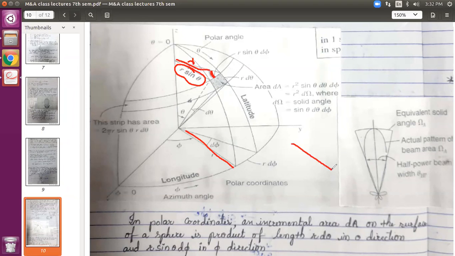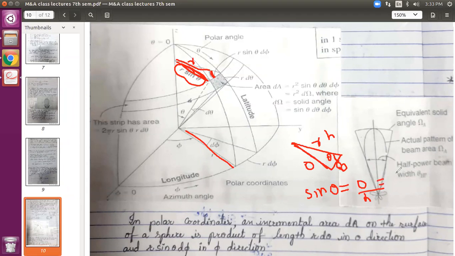So I will simply take the triangle here. This is your theta and this is your r. If this is your base, this is your hypotenuse, this is your opposite. We want this straight line now. What is that straight line? It is the opposite. The opposite comes in sine angle, right? So sine theta is equal to opposite by hypotenuse.